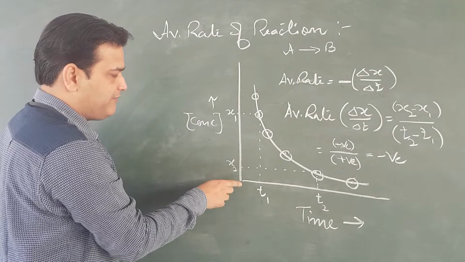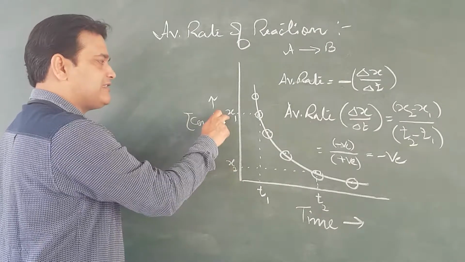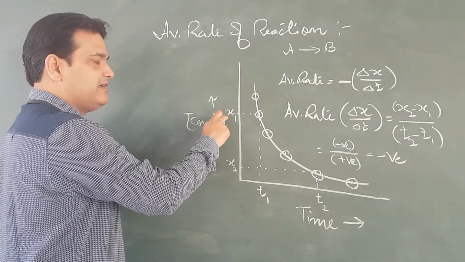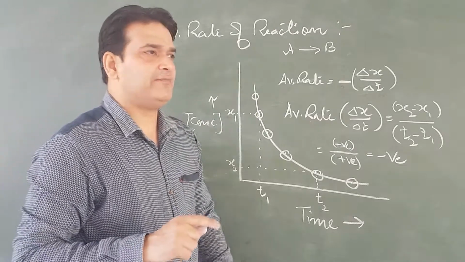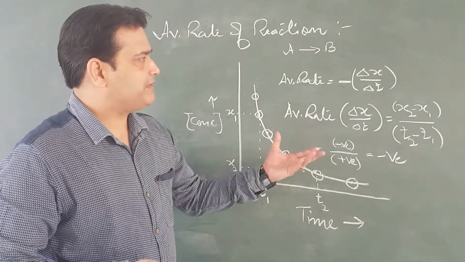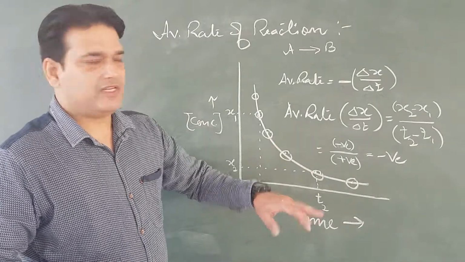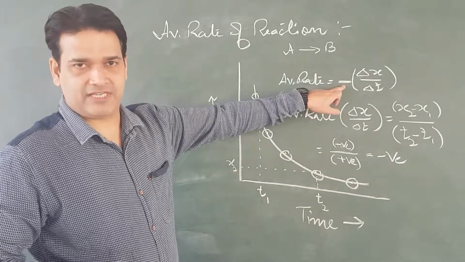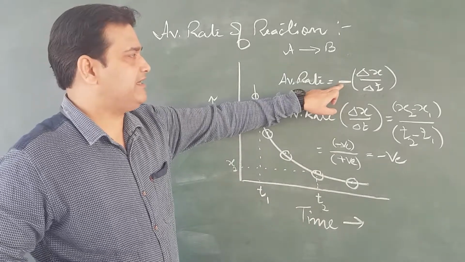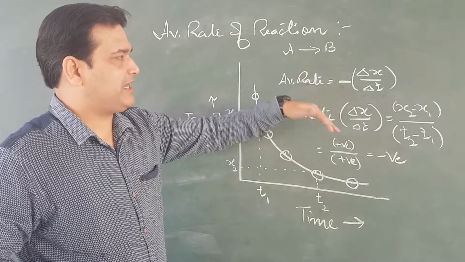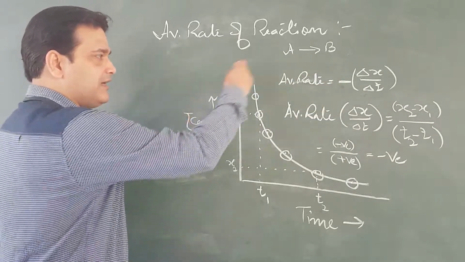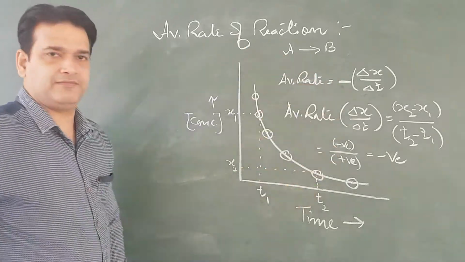When we take x2 minus x1, lower minus higher, this gives the negative sign. To make the rate of reaction positive, we use the negative sign. So this is the average rate of reaction.